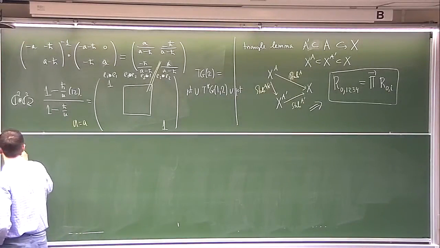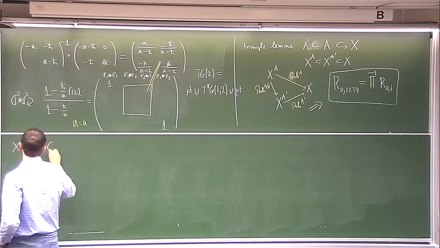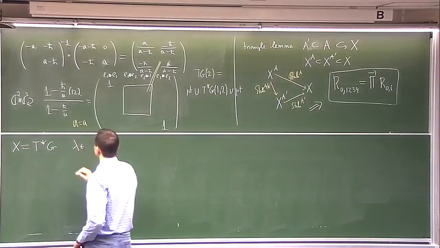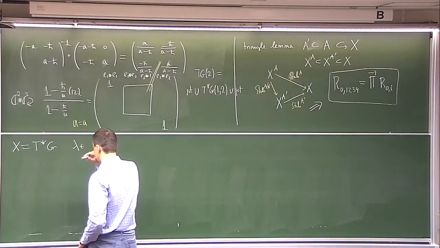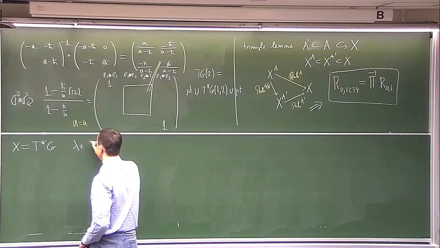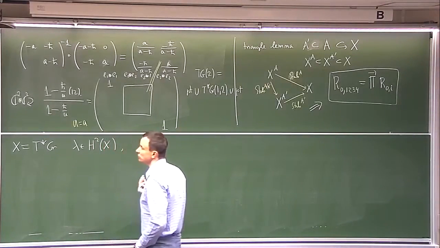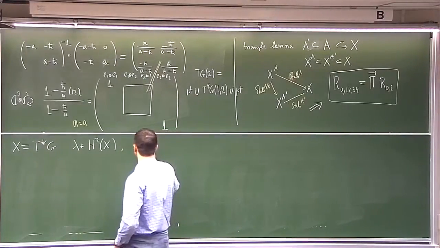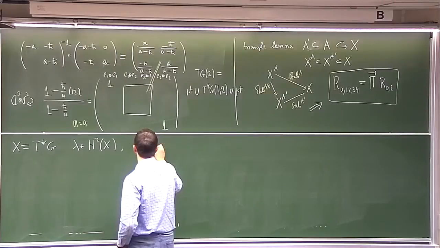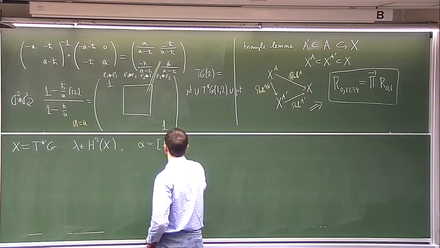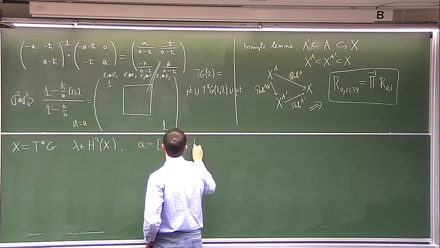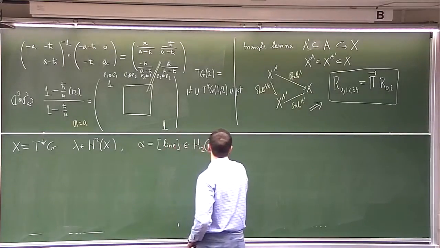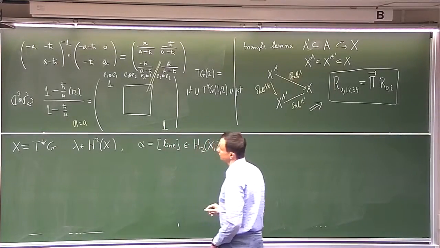So when X was T star Grassmannian, and lambda was in H upper 2 of X, let me denote the class of the line by alpha. So alpha will be the class of the line. This is a generator in H lower 2 of X, Z, the class of the fiber line.